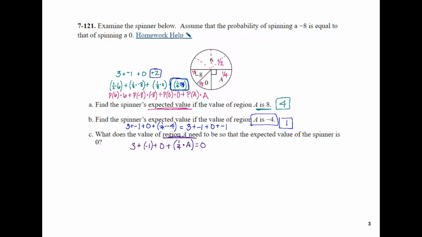So 3 plus -1 is 2, plus 1/4 A equals 0. Inverse operations, we subtract our 2. 1/4 times A equals -2. The inverse of division is multiplication, so A is equal to -8.